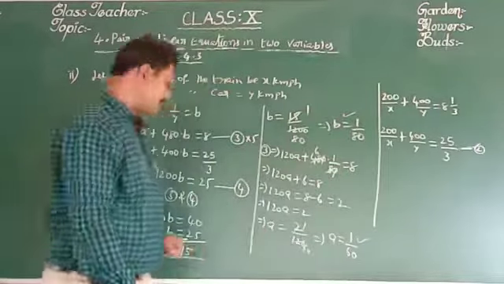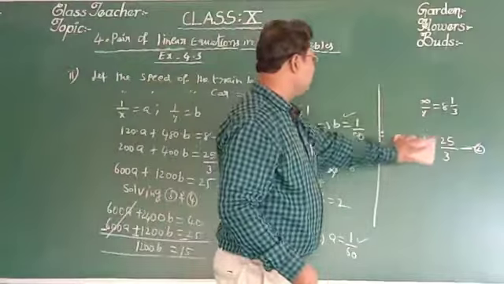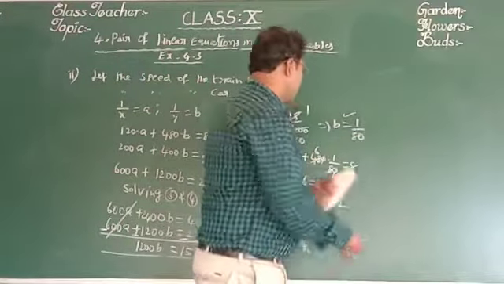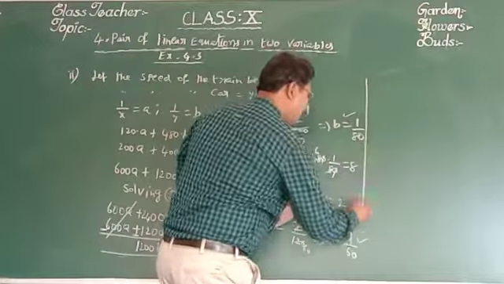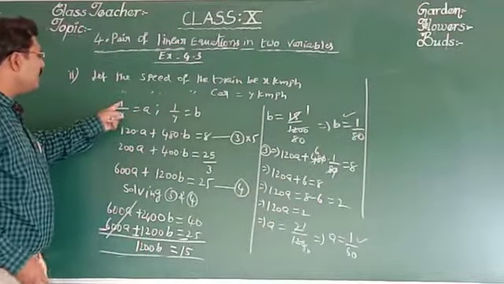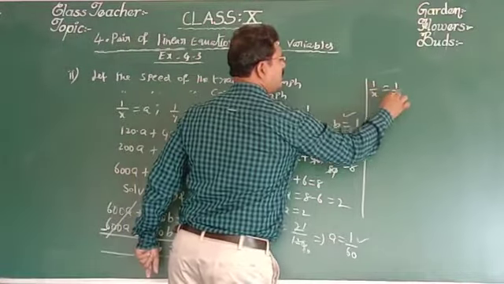Now after that, don't leave the problem, children. a is equal to 1 by 60. Again a is what? 1 by x. So 1 by x is equal to 1 by 60.